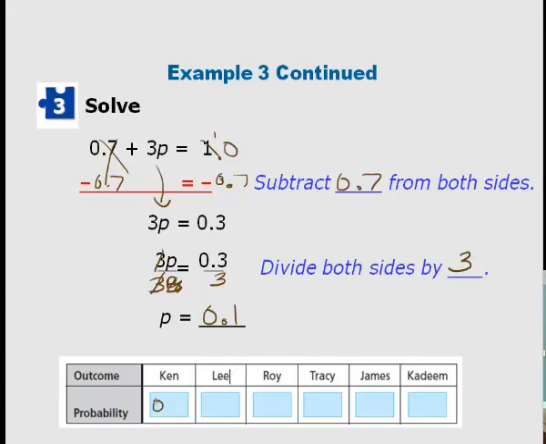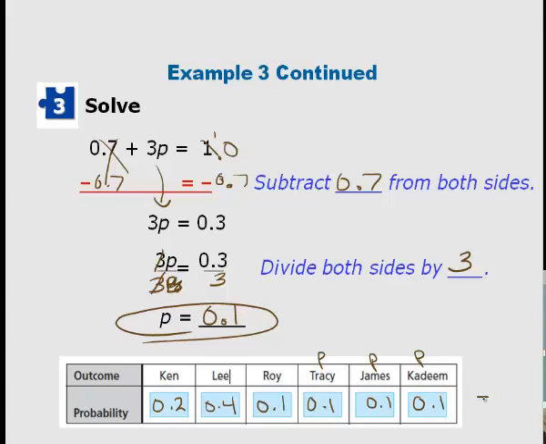So, reminder, Ken was 2/10. Lee was 4/10. Roy was 1/4 that, so he was 1/10. And then Tracy, James, and Kadeem were all P's. And we just found out that P equals 1/10. If we did this correctly, all of these added together would equal 1 whole.